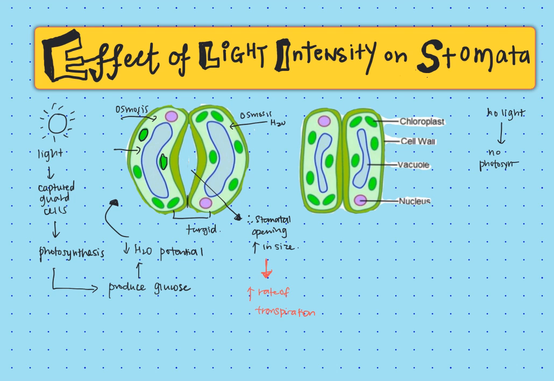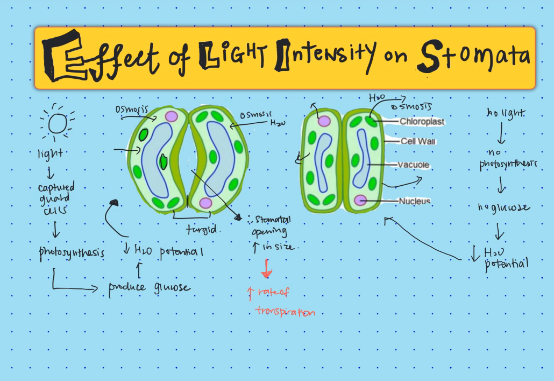So like I said, there is no glucose produced, and so the water potential in the guard cells would have decreased, which leads to this. The water molecules move out of the guard cells by osmosis. All the arrows out are basically the water moving out.